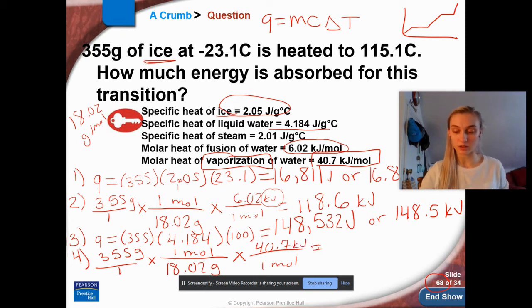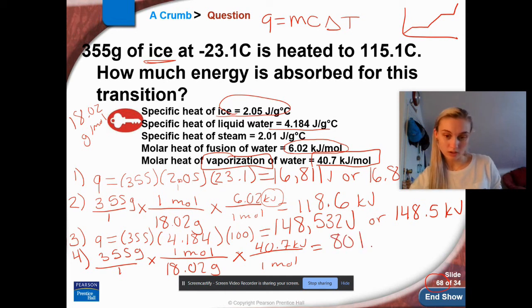Now if we multiply across the top, across the bottom, and then divide, we get 801.8 kilojoules. Remember, this one is in kilojoules because we have this here.